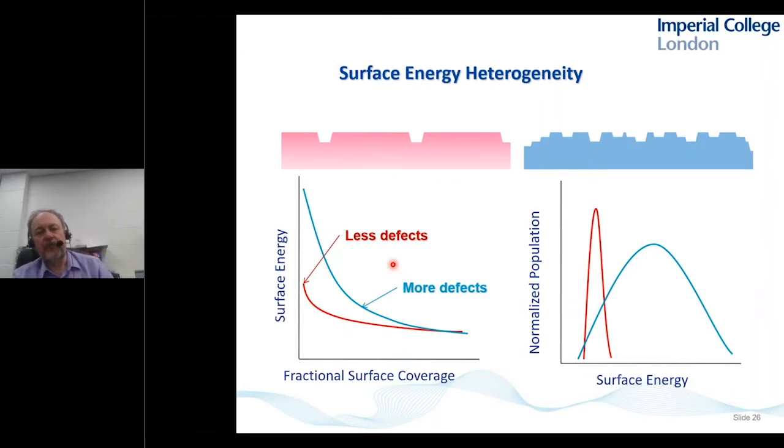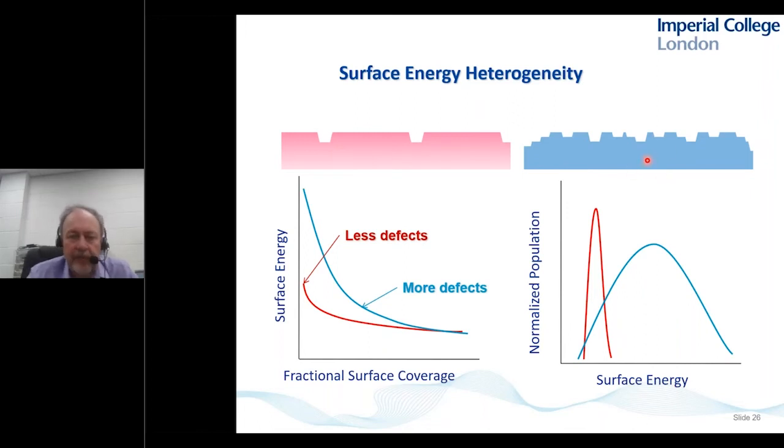When we do the experiments, and I think Dan described the heterogeneity method earlier today, we have a typical example, a cartoon which illustrates it. The surface here, this one which is pink, has fewer defects, and because it's got fewer defects, it's more homogeneous. The surface energy doesn't vary very much.